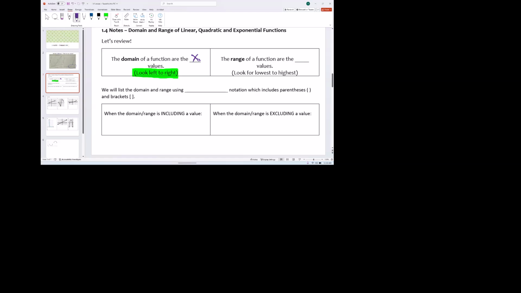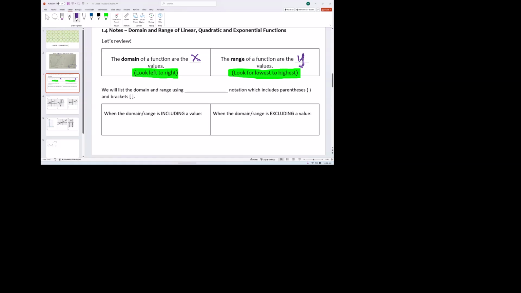All right, so what does that mean the range of a function is? Yep, domain is x, range is the y. So when I'm teaching kids about range, I say look for the lowest value, because that's going to be the smallest y value, right, to the highest value, because we always want to put them in order, all right?